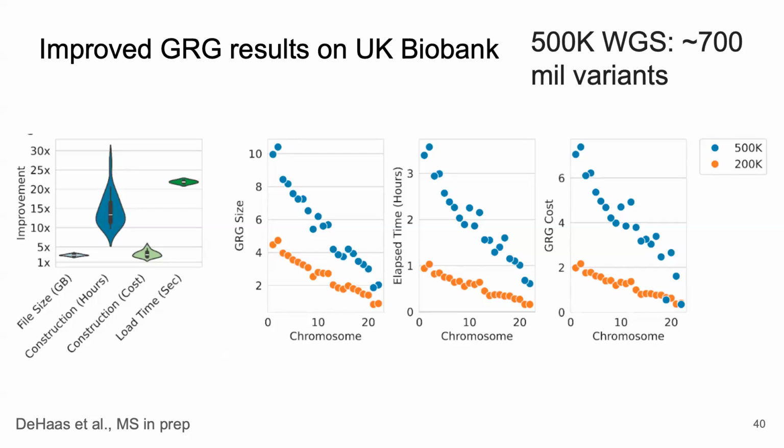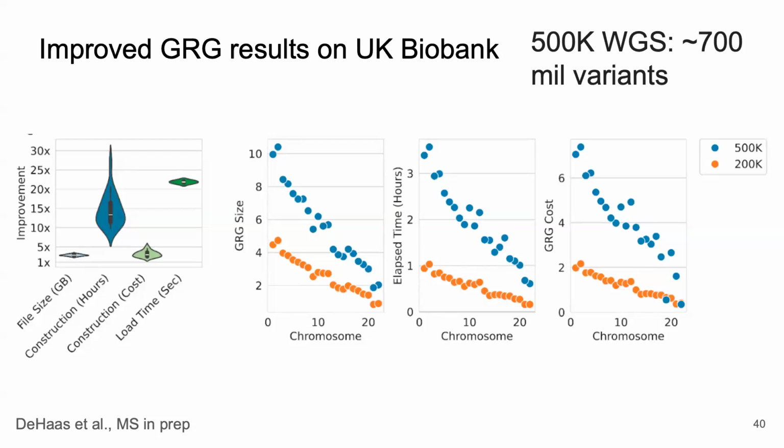We applied it to the more recently released 500,000 UK Biobank whole genome sequencing data, in which there are 700 million variants we processed. The x-axis is for chromosomes, and the y-axis is the size of the graph for each chromosome. We show the new algorithm applied to both the 500K and the 200K.